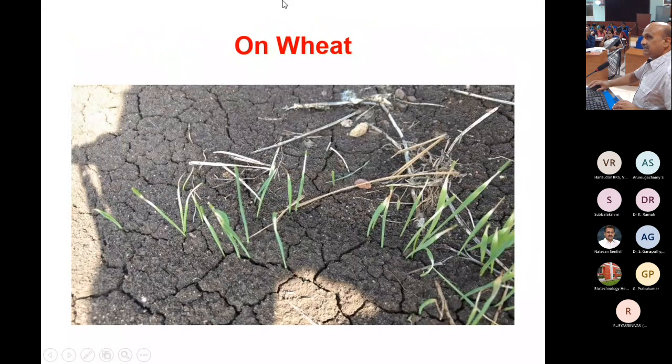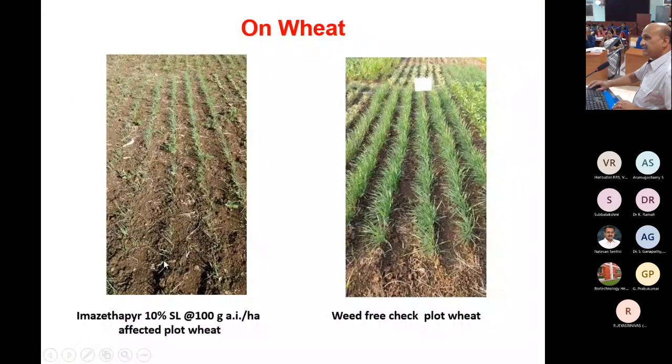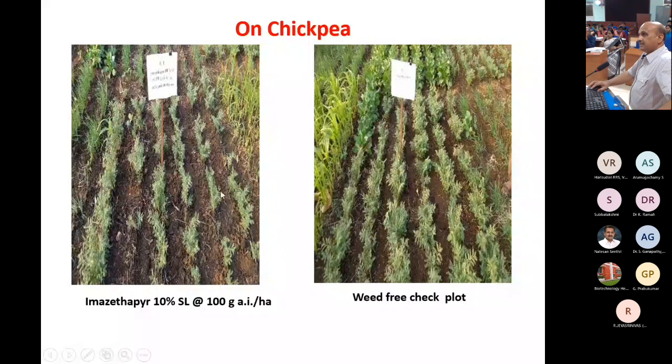With imazethapyr, you can see on wheat again drying of leaves, starting from the tip, and complete damage caused to wheat. This is the weed free check. And on chickpea and safflower, not much toxicity was observed.